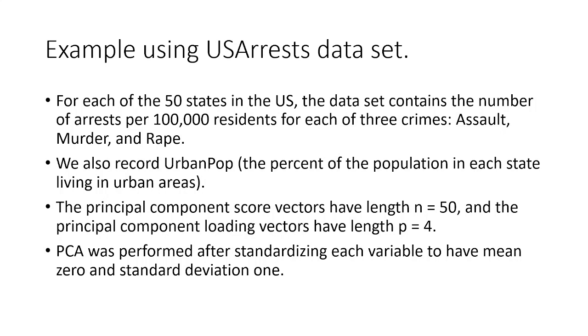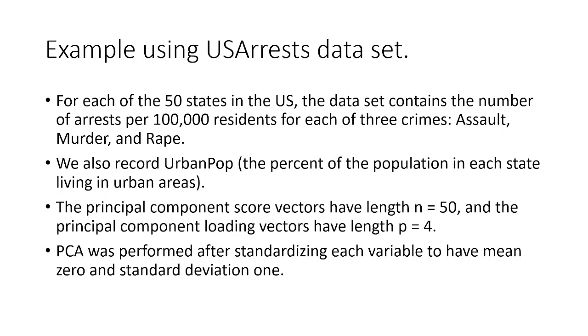We also have a fourth variable, the urban population, which is the percentage of the population in each state living in urban areas. We're going to use PCA to see whether it is possible to reduce the dimensions, because here we have 4 variables. Is it possible for us to reduce the number of features in this data set?